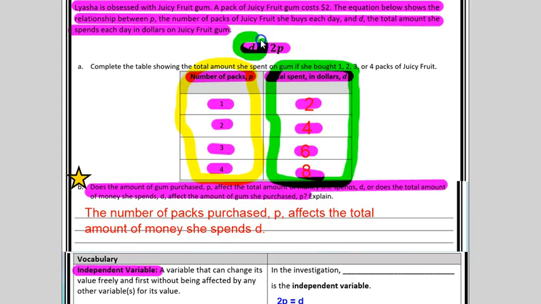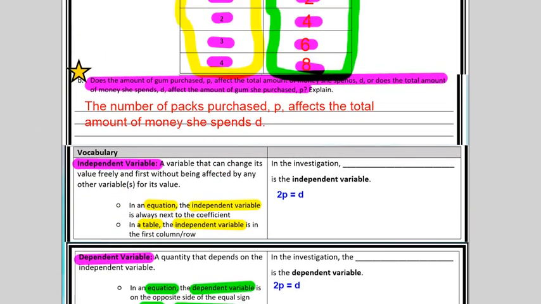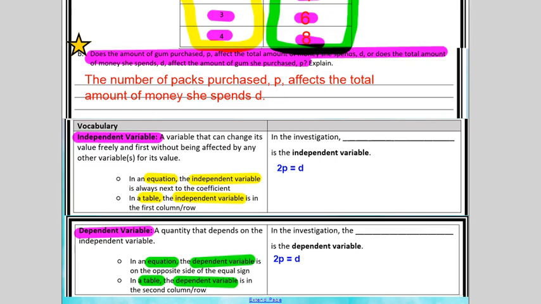It's on its own side of the equal sign, but the independent variable is paired with a number. So in an equation, the independent variable will be with a number, but the dependent variable will be alone. So let's take a look.